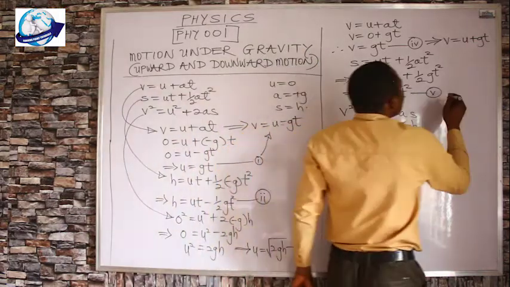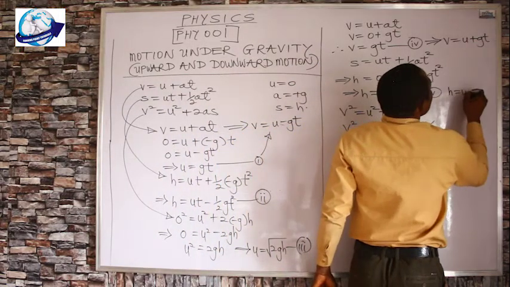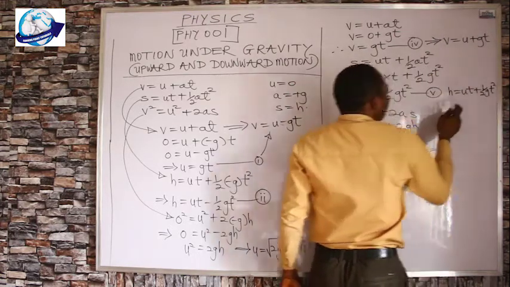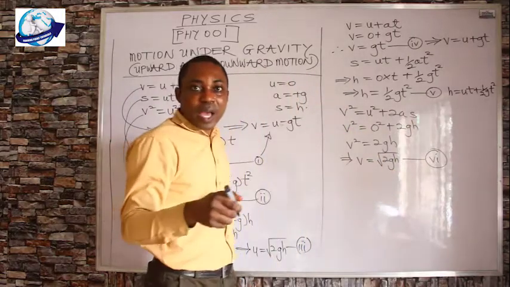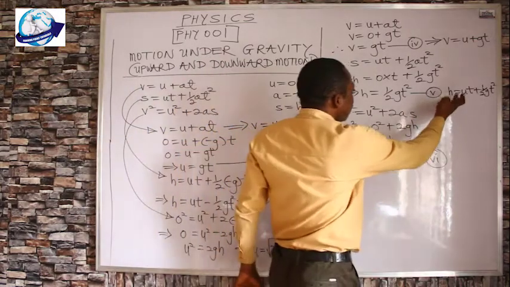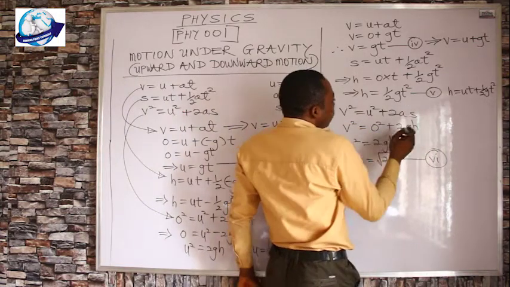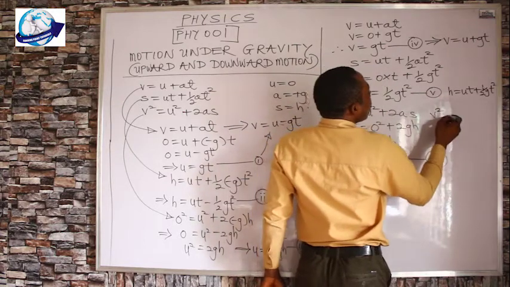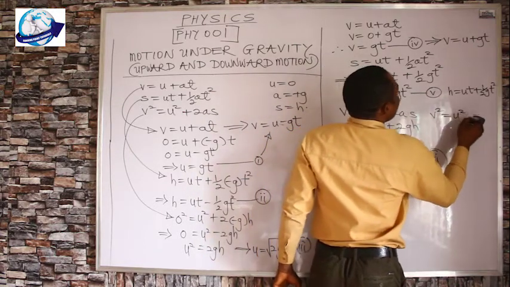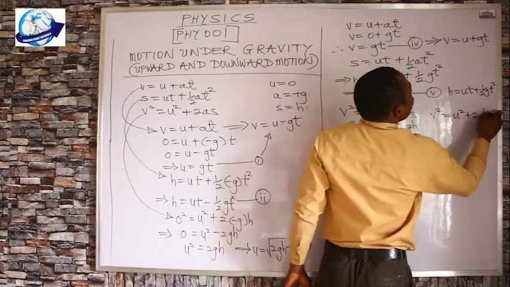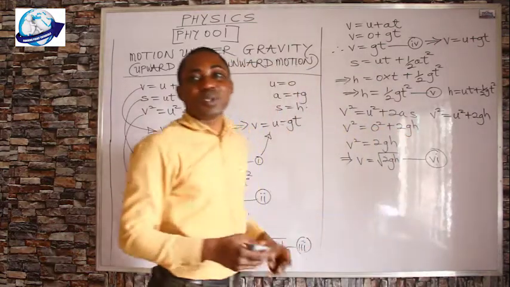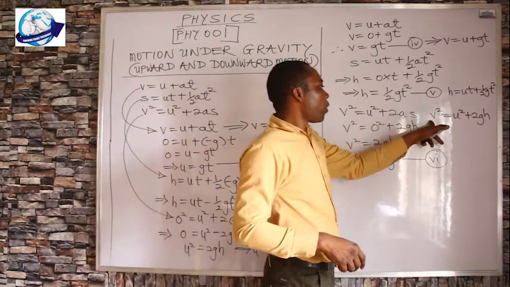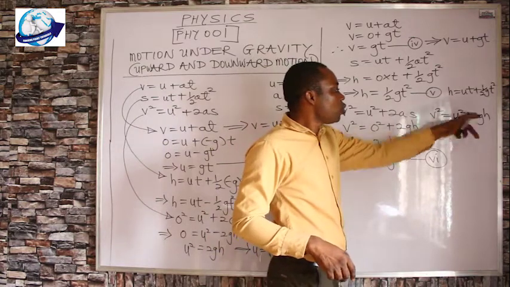And this one too becomes H equals UT plus half GT squared, when it's thrown from a height above the ground. And for this one you have almost the same thing: V squared equals U squared plus 2GH, as when it's not falling freely but thrown from a height above the ground.